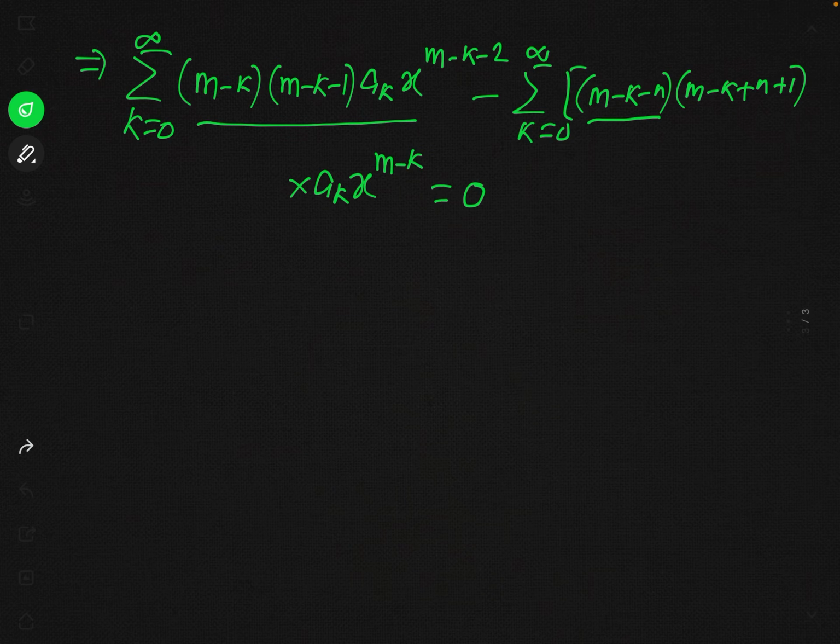Then what will be our result? If we take this m minus k minus n as a common factor, then there will be m minus k plus n plus 1, and this much ak x to the power m minus k, and this equals 0. Now this is the simplification.